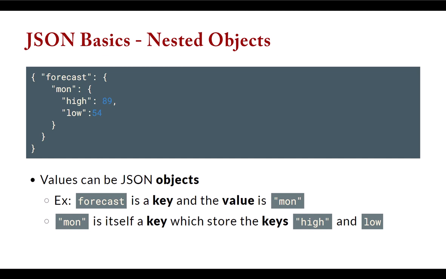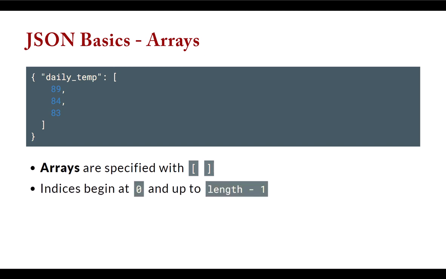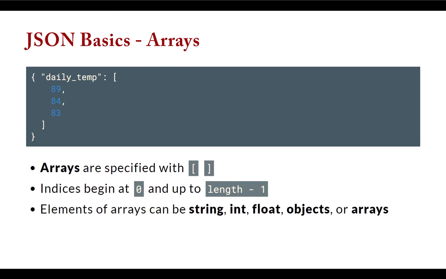So we can have a nested object inside of an object. We can also have arrays, which work just like we're used to in other languages. So in this case, we specify them with square brackets. The indices always begin at 0, so starting at 0, going to the length minus 1. We can have string, int, float, objects, or arrays. Basically anything can be a position in an array.